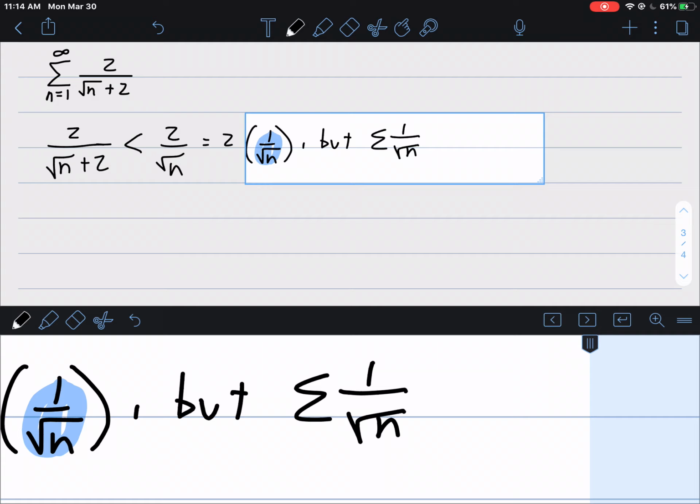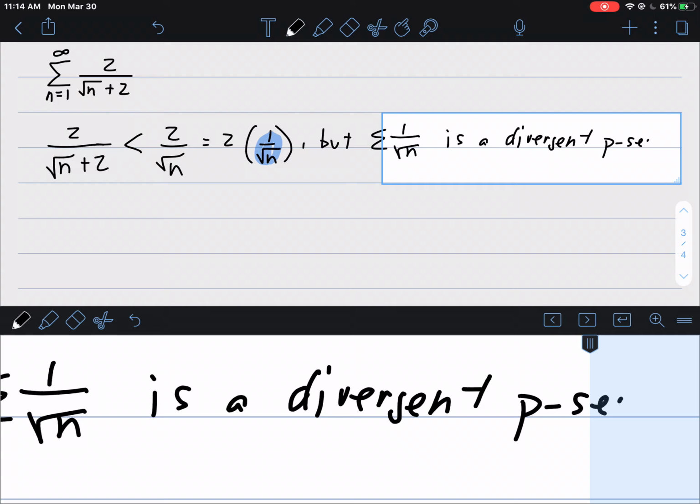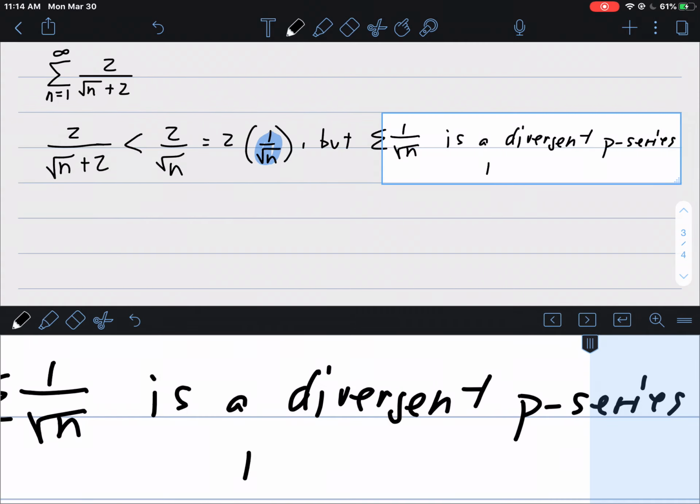I'm going to say the sum of 1 over the square root of n is a divergent p-series because p in this case is 1/2, which is less than 1. We said if p is less than or equal to 1, the p-series diverges.